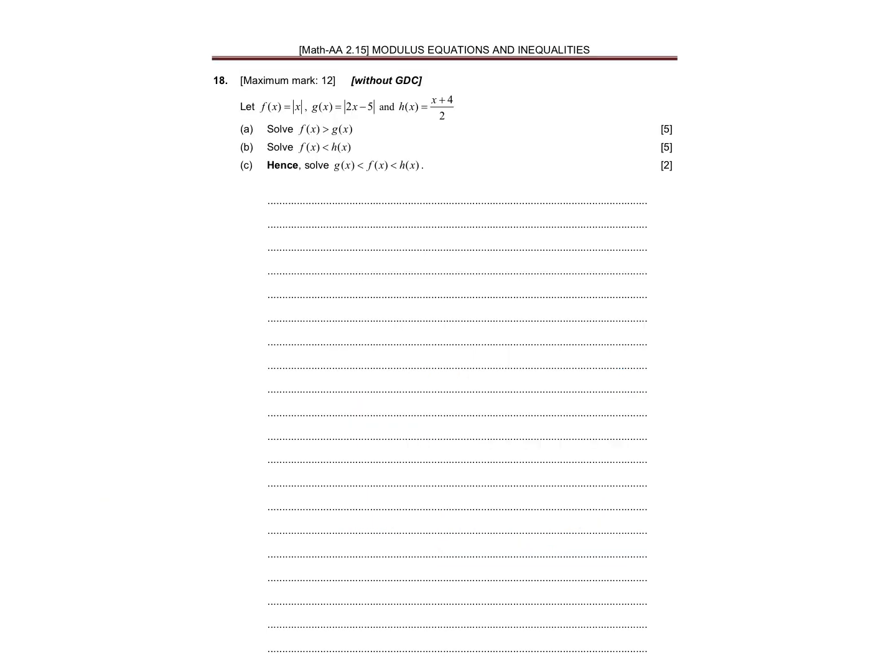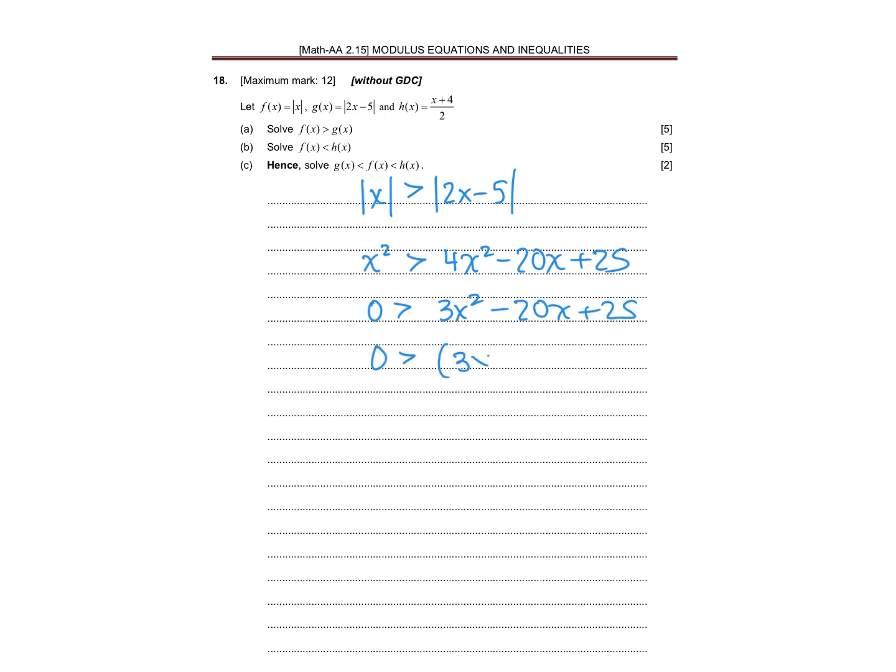All right, so now we want f at x greater than g at x without calculator. So find the zeros, or we can square this one actually. So we're going to square, and that's going to be 4x squared minus 20x plus 25, and 3x squared minus 20x plus 25, and factor, hopefully.